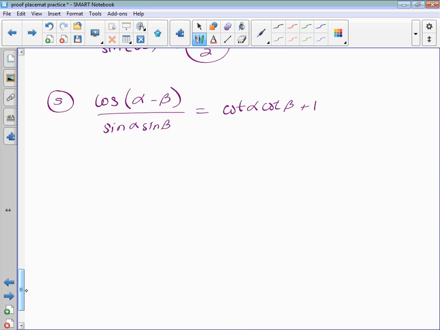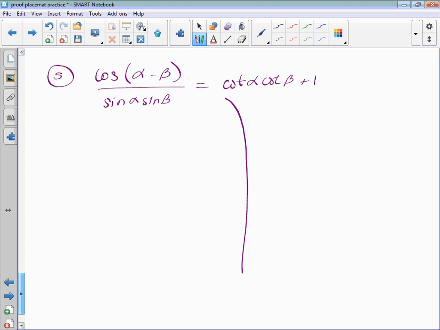This is a proof. Which side do you think we want to work on? On the left. I would work on the left because we can start with a formula, right?